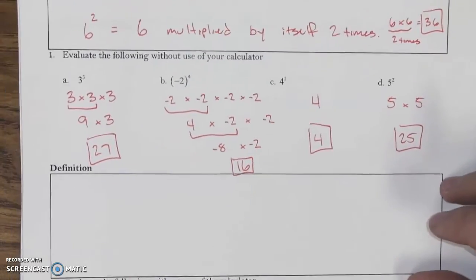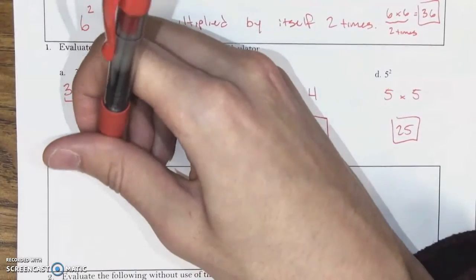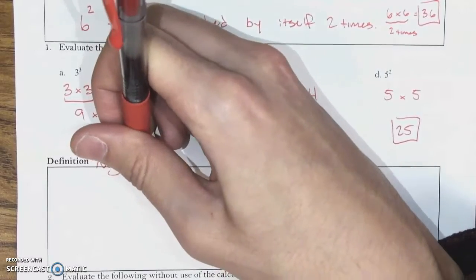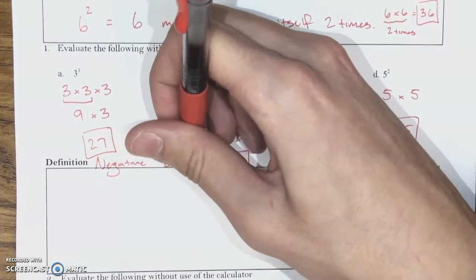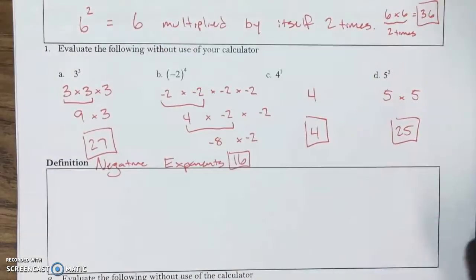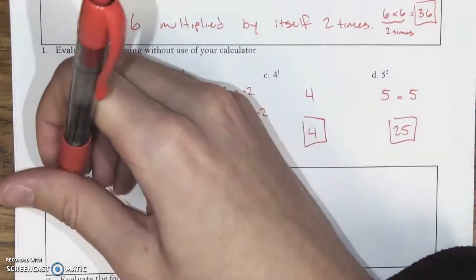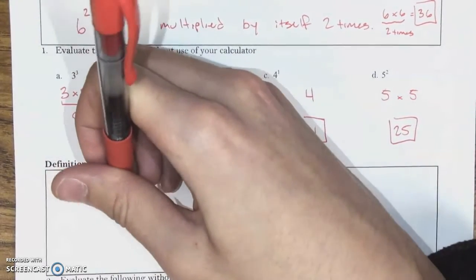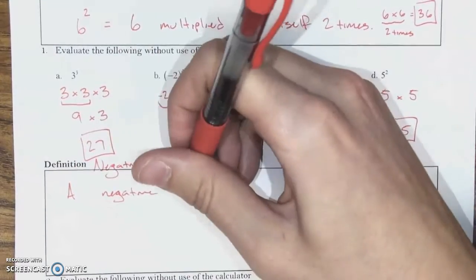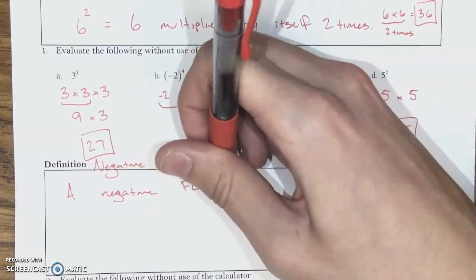Next up, we've got negative exponents. A negative in the exponent flips the fraction.